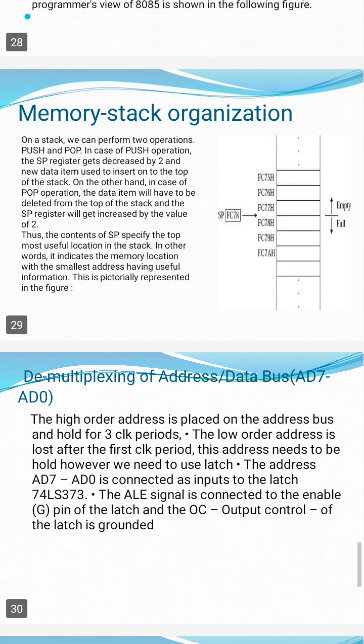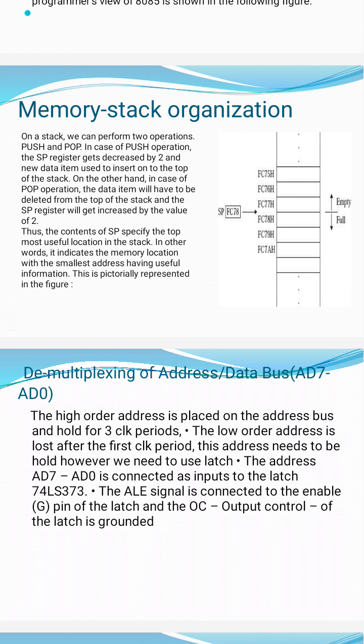This is a 16 bits register and whenever push operation is performed, तो सबसे पहले stack pointer is decremented by 2. Decremented by 2 क्यों होता है? Because the stack memory is 8 bit memory, mean one location of the stack has 8 bits.